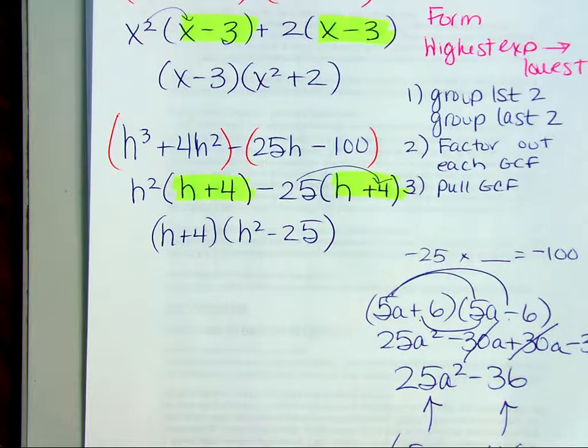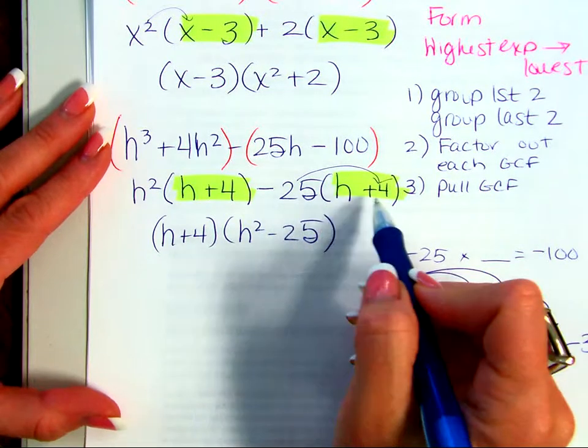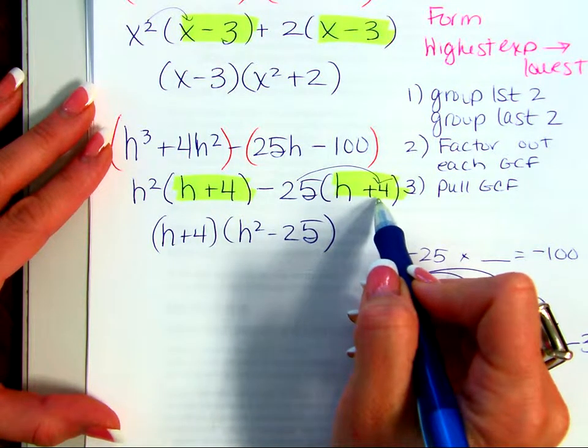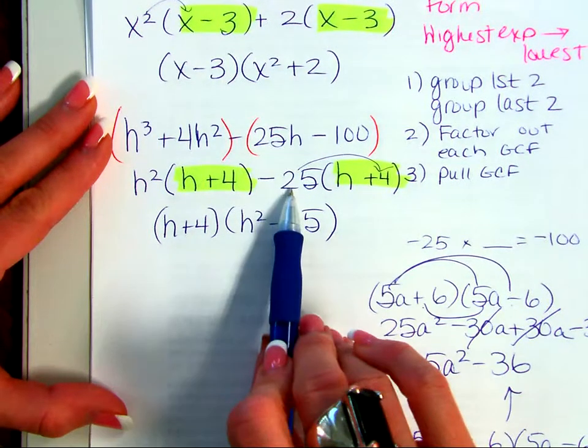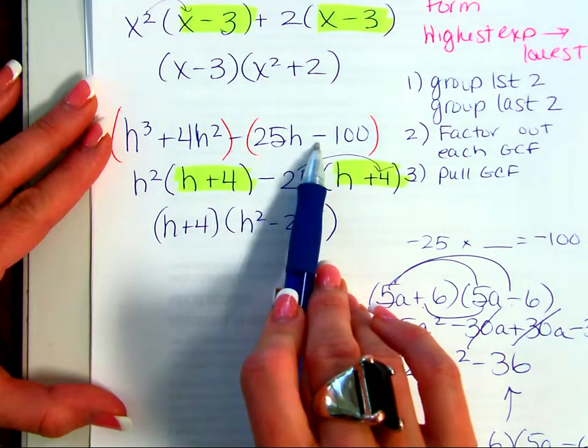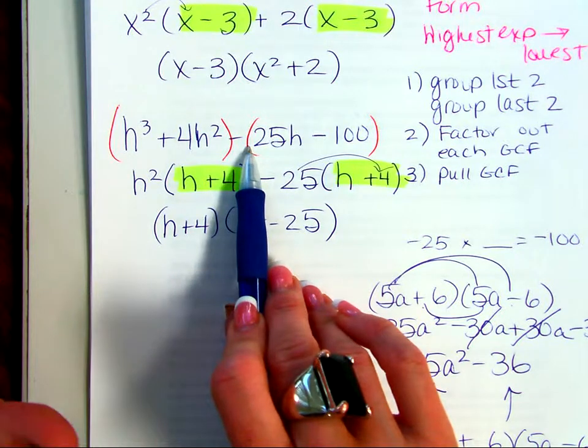Nick? Question. This 100? Well, this was the problem that's given. Negative 25 times positive 4 is negative 100. I'm not sure I know what you're asking.